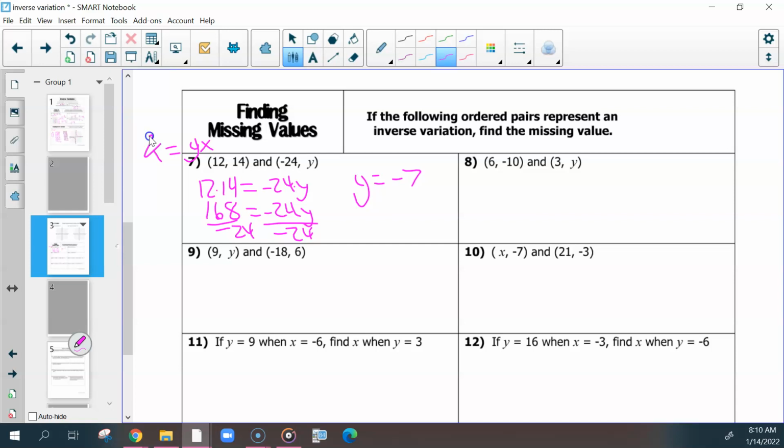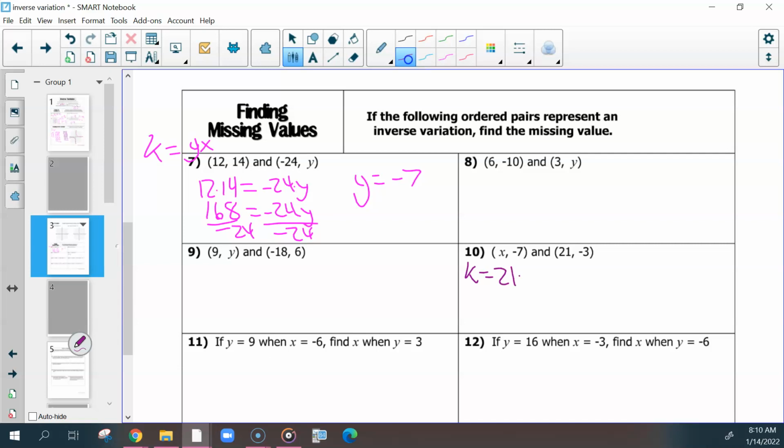Or you could do it the second method. I'm going to do 10. Before we do 10, does anyone have questions on how we set that up, how we get that answer? Okay. So if we're doing it the other way for 10, we would still need to find our value for k using the numbers we know first.